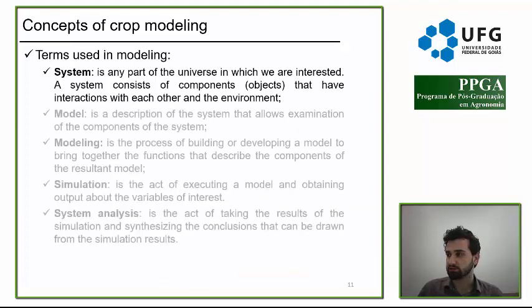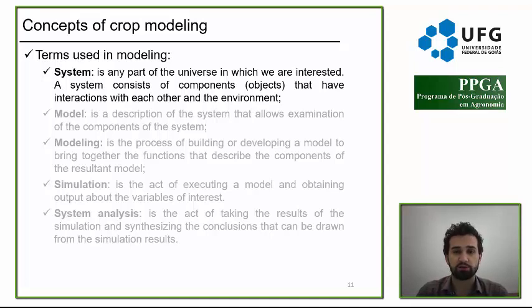So after this introduction and some examples, we have some terms that we use in modeling that are important for us to define and then look at in more detail. The first one, which we talked about a little bit, is the system.